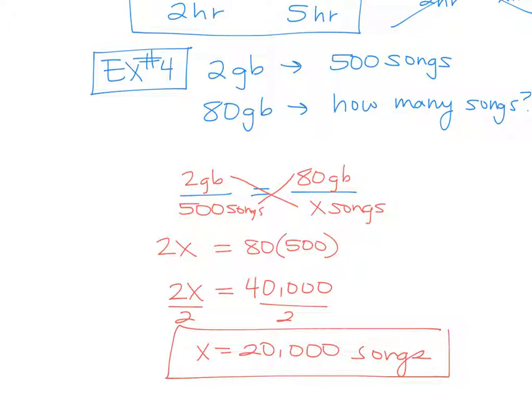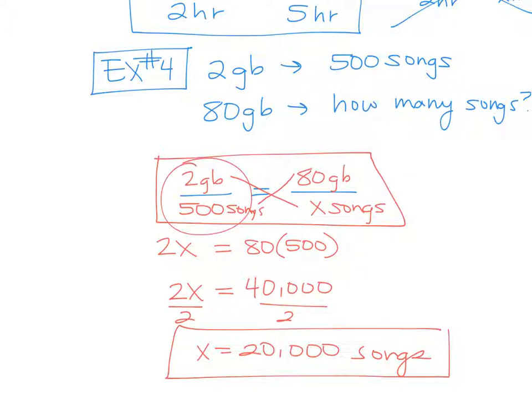Is your blood pumping? Okay, a proportion is a ratio equals a ratio, right? When it's a proportion, you want gigabytes across from gigabytes, songs across from songs. When it's conversions, when we're trying to change it from one thing to another, that's when you cancel them out.